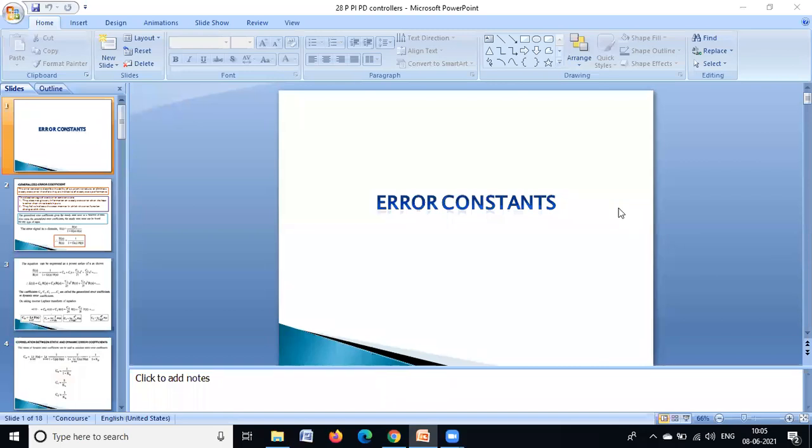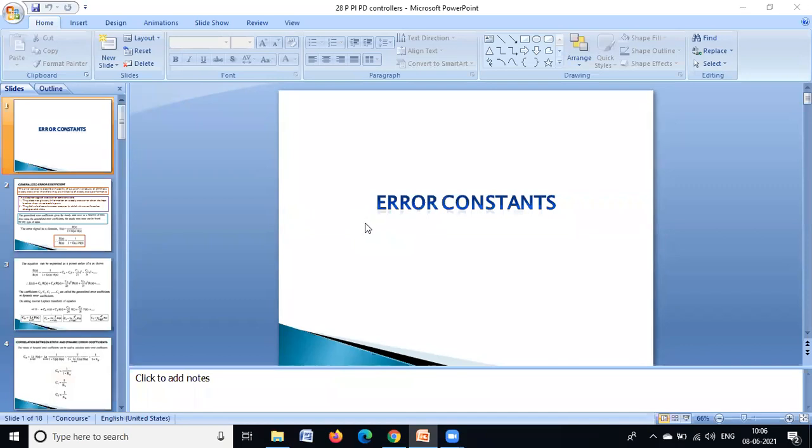Steady state error gives the quality of the response, whether it reaches the final value or not. That is what we have learned. It is very important. Steady state error is very important in control systems, whether it follows the input or whether it is reaching the desired value or not.